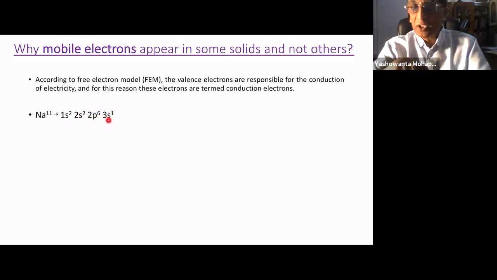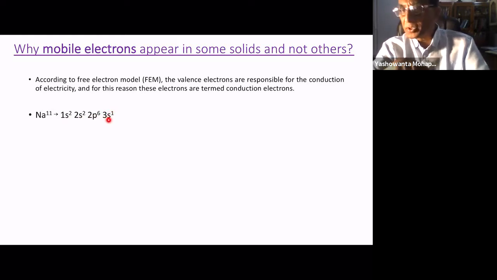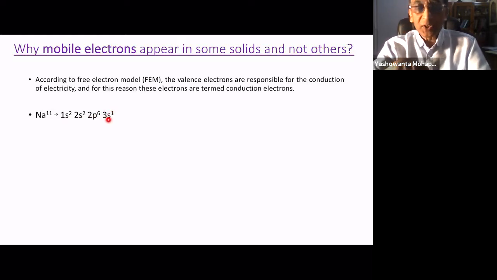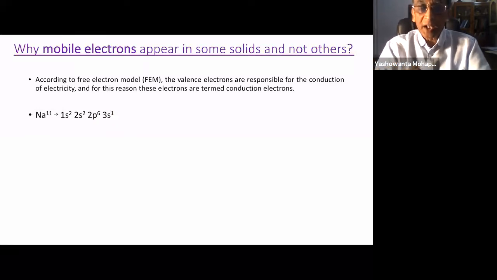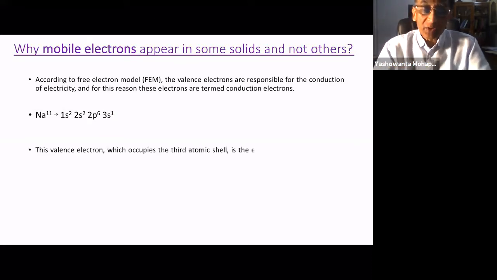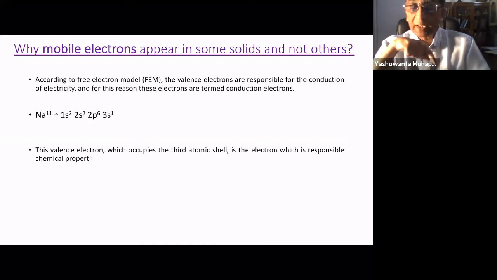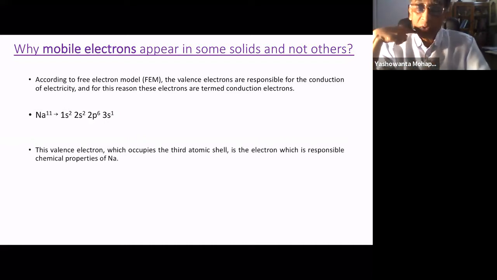This is the electron that gives you the chemical properties. But when inside a solid, it can become almost free and mobile. That's the kind of understanding you would have gotten in school also. This valence electron, which occupies the third atomic shell, is responsible for the chemical properties of sodium.